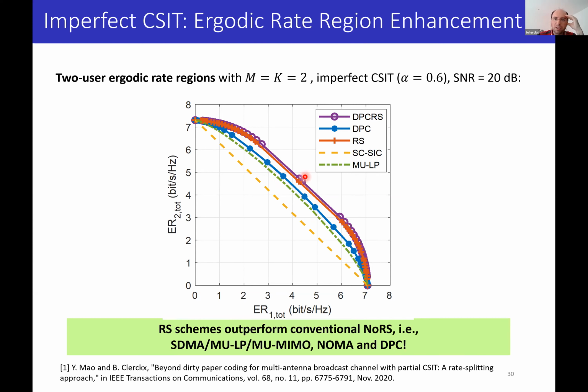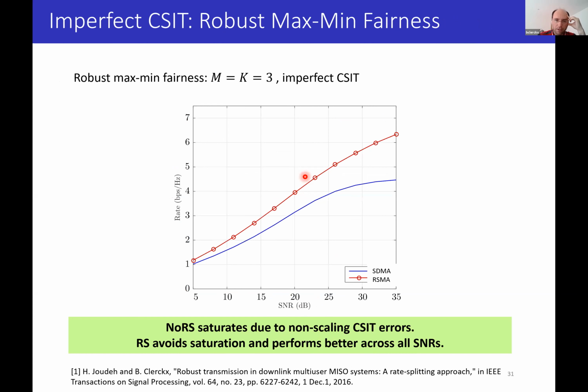And you have DPC-RS, which is the combination of DPC and rate splitting, that outperforms all those techniques. Right? What I want to show here is that those rate splitting schemes can outperform any form of non-rate-splitting strategies like DPC, NOMA, and multi-user linear precoding when we have imperfect CSIT. So it even outperforms DPC.